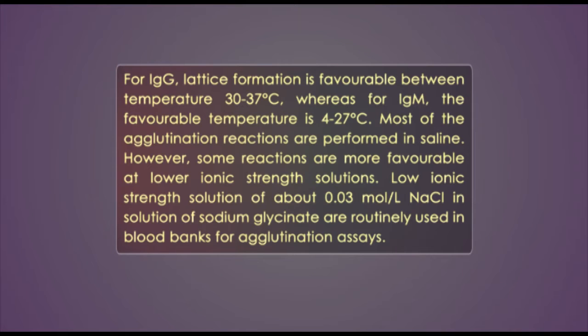However, some reactions are more favorable at lower ionic strength solutions. Low ionic strength solutions of about 0.03 mol per liter sodium chloride in solution of sodium glycinate are routinely used in blood banks for agglutination assays.